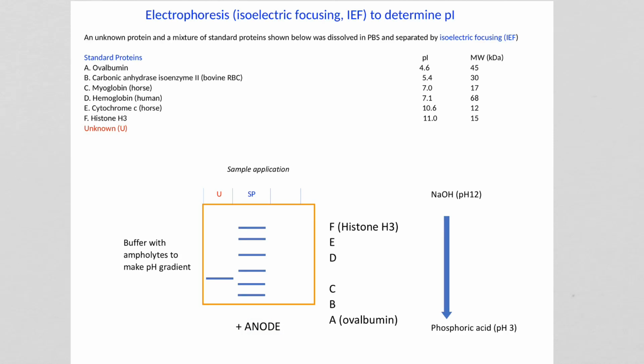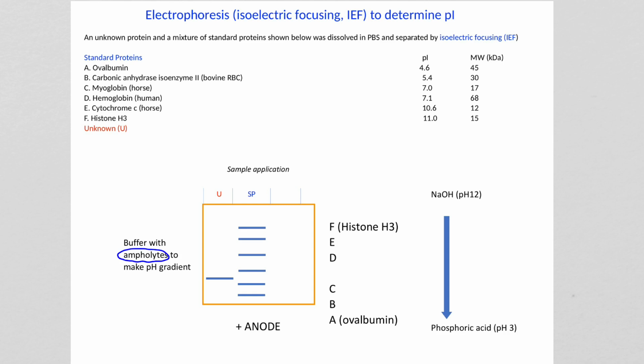So in isoelectric focusing, the top of the gel is a weak sodium hydroxide solution that has a very high pH. The bottom of the gel is immersed in a weak acid solution which has a very low pH. Also in isoelectric focusing, we use special chemicals called ampholytes. These ampholytes will be found in this gel.